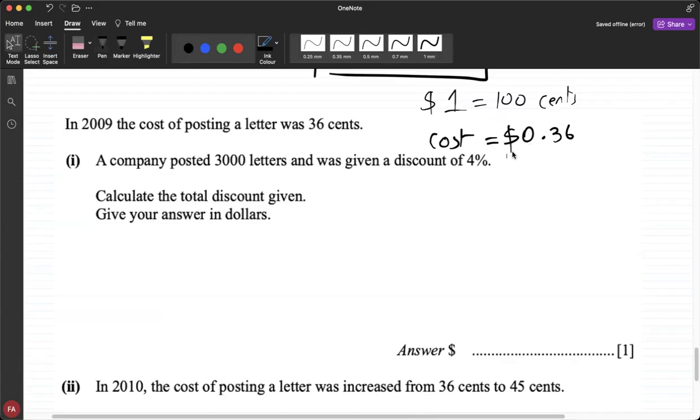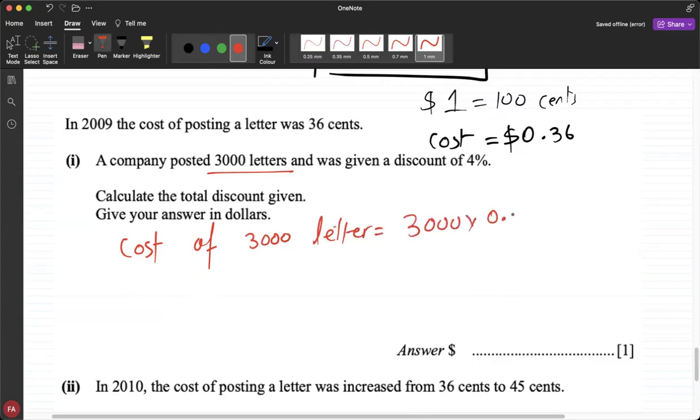That's what we have. And a company posted 3,000 letters. So again, let's see what's the total price of these 3,000 letters. So I can say cost of 3,000 letters would be 3,000 times 0.36. If you were to calculate this, the value comes out to be $1,080. That's the price you pay.